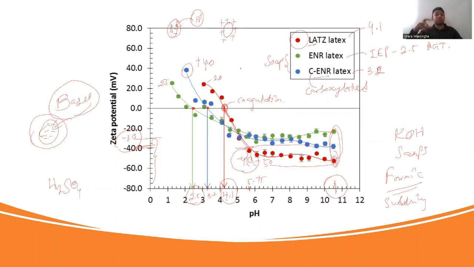If I add more acid, this charge density will further increase, and it will take a positive zeta potential value. Now we call this a positex. Earlier it is latex, now it is positex.